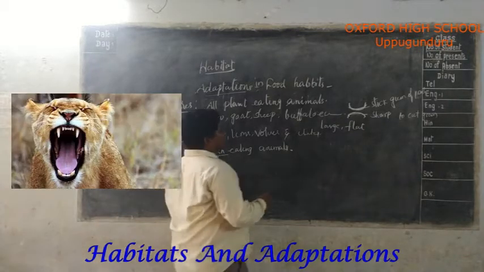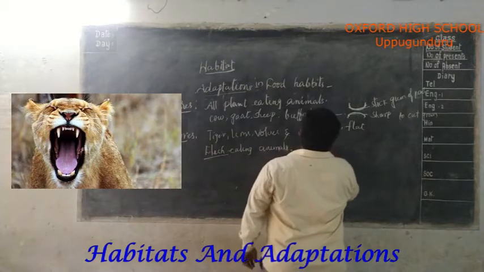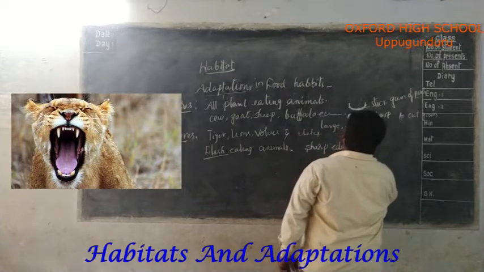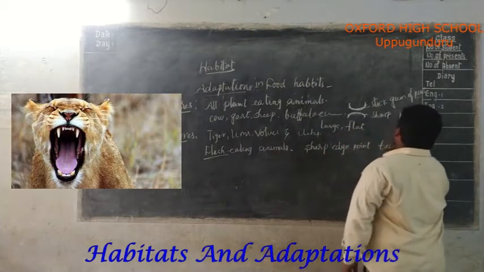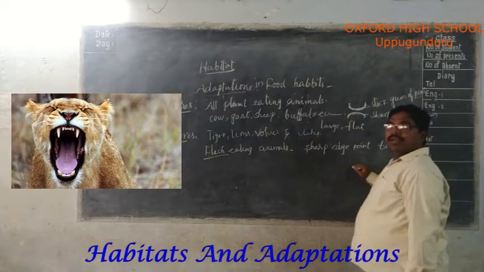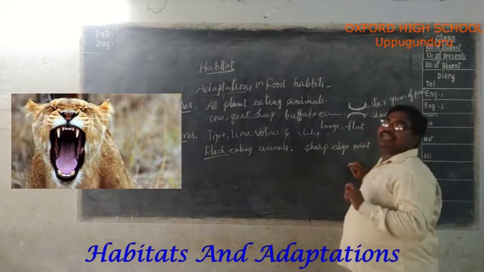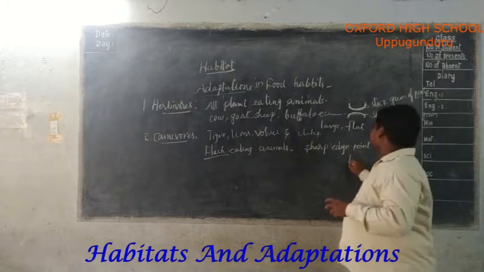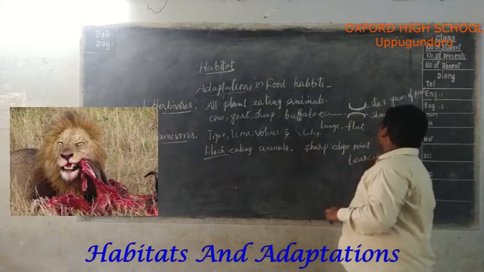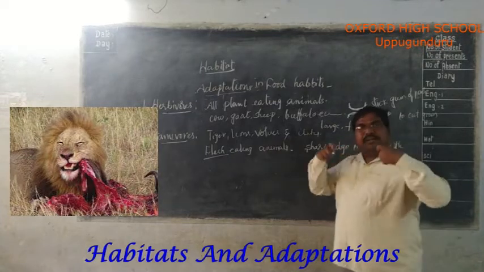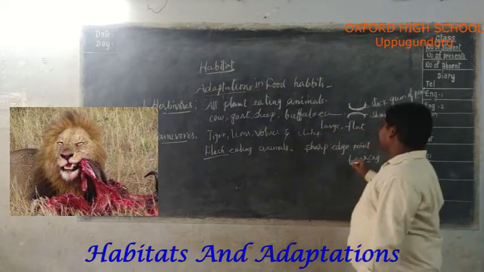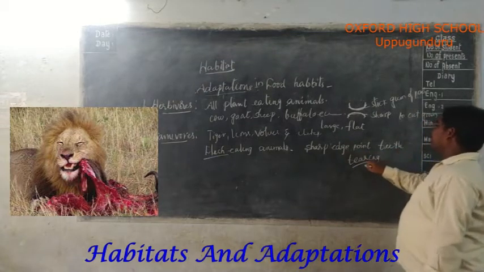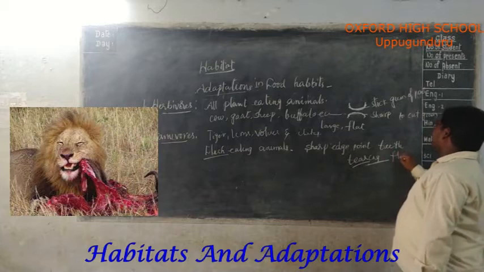Sharp edged pointed teeth are present in the upper and lower jaw, useful for tearing of flesh. Tear means chilchadam. Those animals have sharp edged pointed teeth which are useful for tearing the flesh.